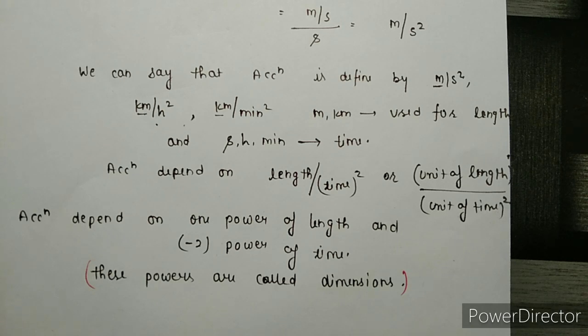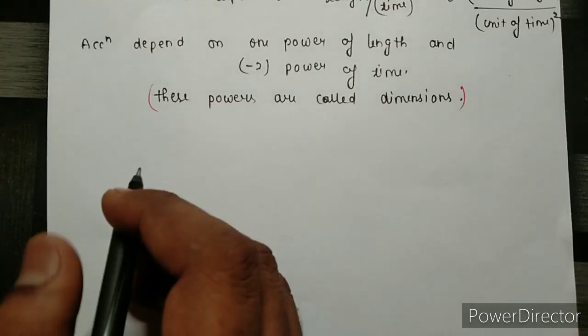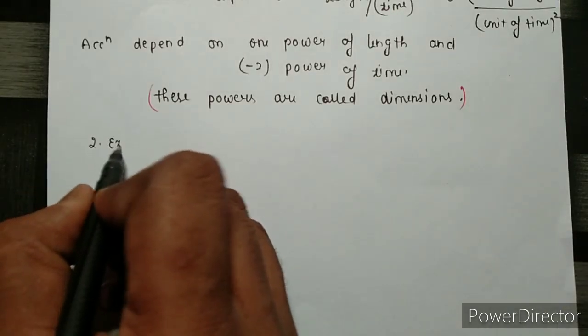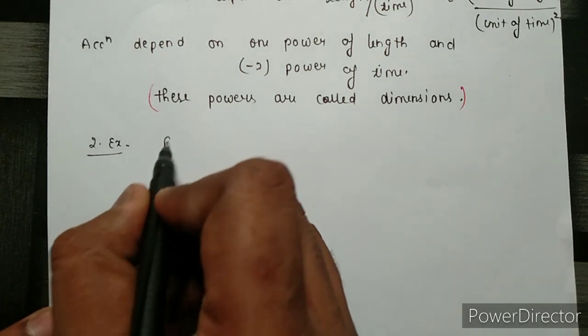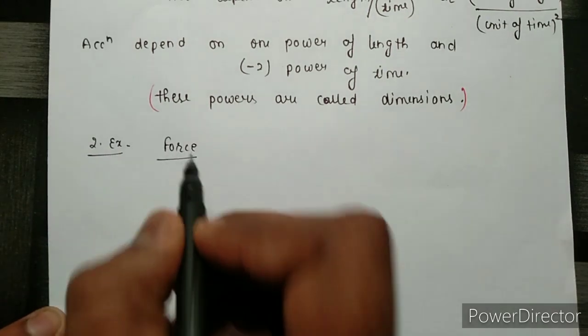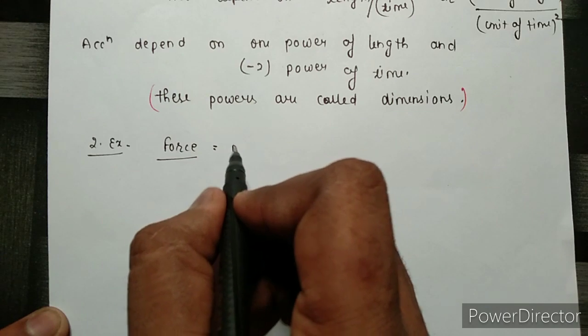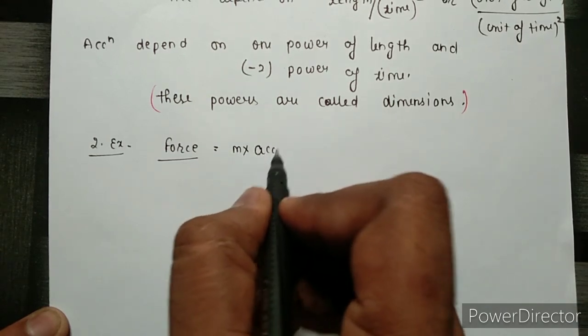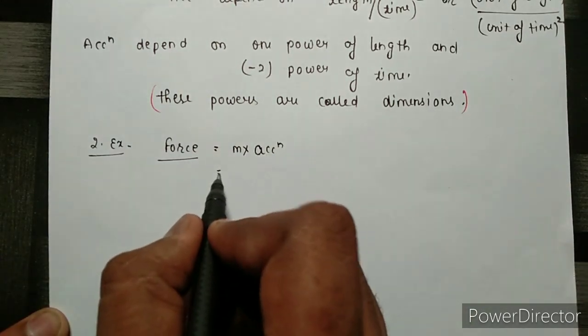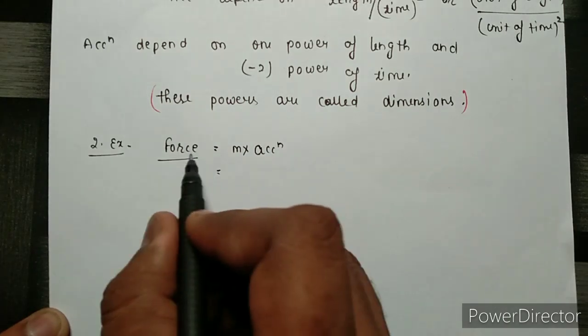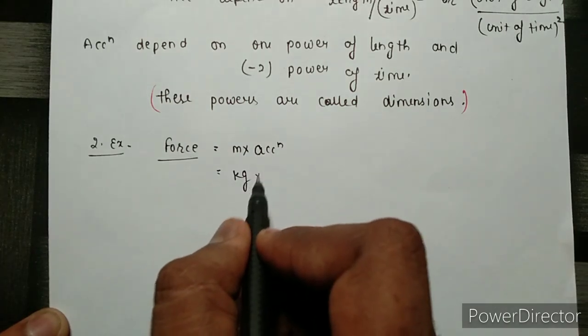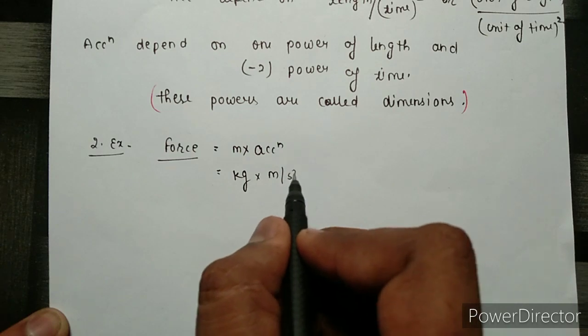Okay, now let's take a second example to understand dimensions clearly. The second example is force. Force is given by mass into acceleration. The unit of mass is kilogram and the unit of acceleration is meter per second square.